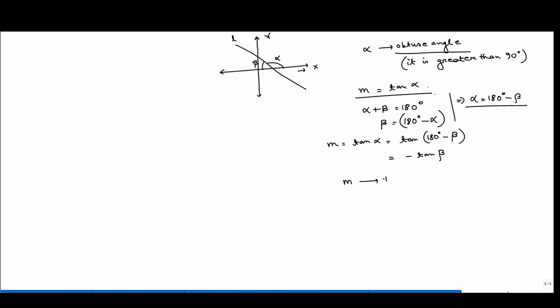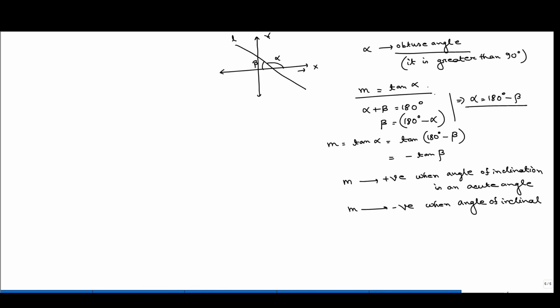So m is positive when the angle of inclination is an acute angle, and m is negative when the angle of inclination is an obtuse angle.